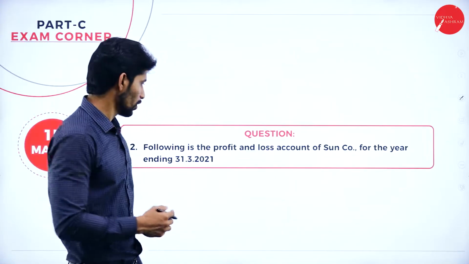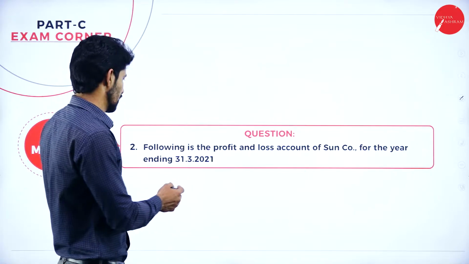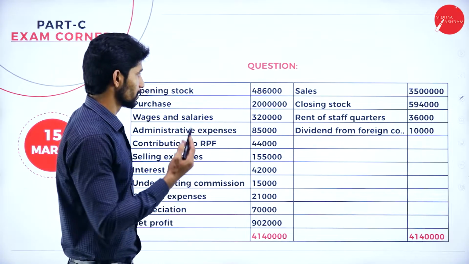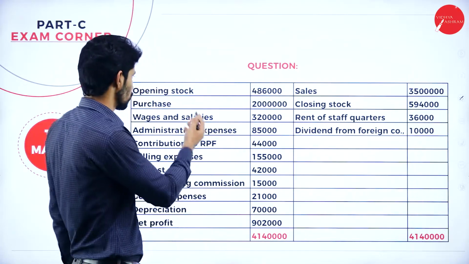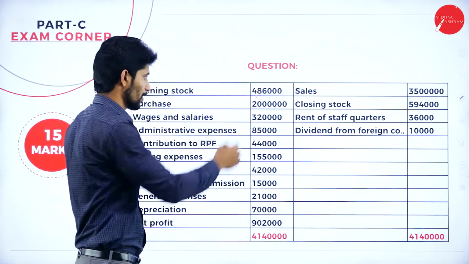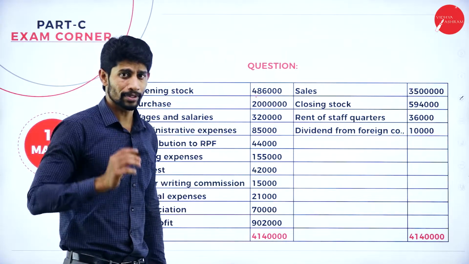Next, question number 2. From the following profit and loss account of Sun Company for the year ending 31st March 2021, we are supposed to find out the business income. So opening stock is rupees 4,86,000 and purchase, wages and salary. Yes, this all information is given.